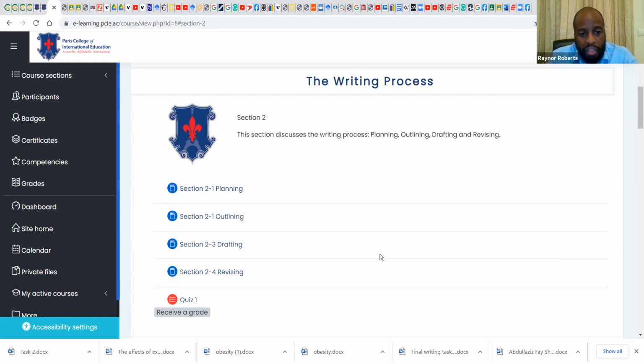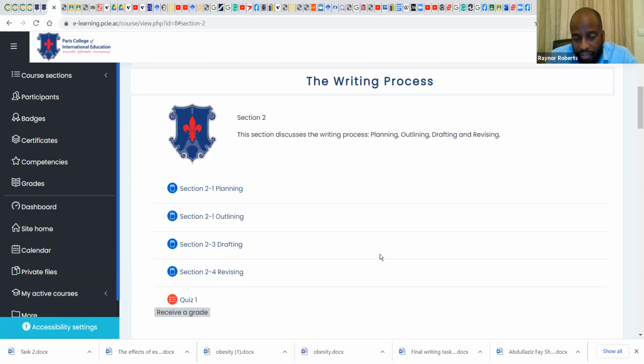So the outline allows you to visualize where you're going in your writing, and you can make adjustments. And then we have the drafting process. Most teachers in school have you do a first draft, second draft, and you draft until you get it the way you see fit. Now, hopefully, if you're at a university or in K-12 or wherever, there's a rubric that helps you make sure you're meeting the standards of the writing activity.